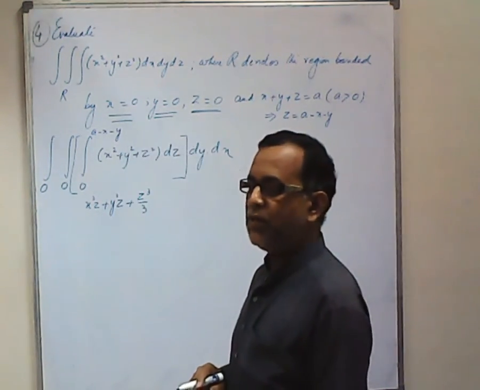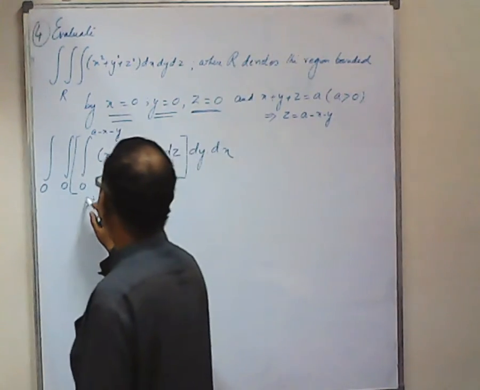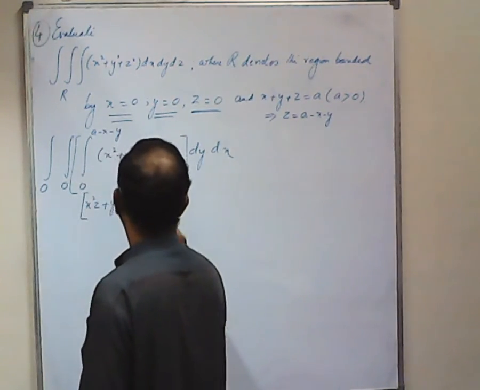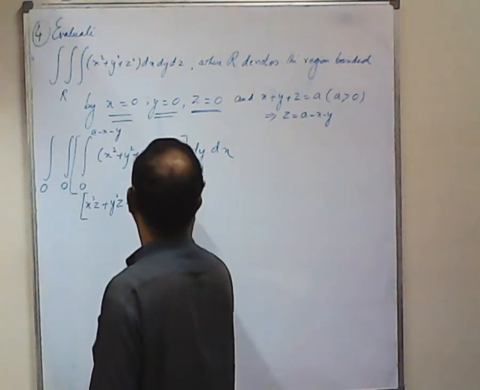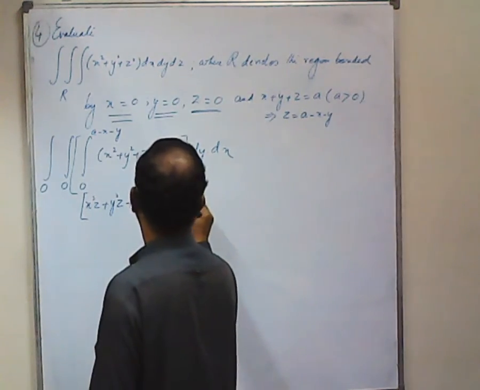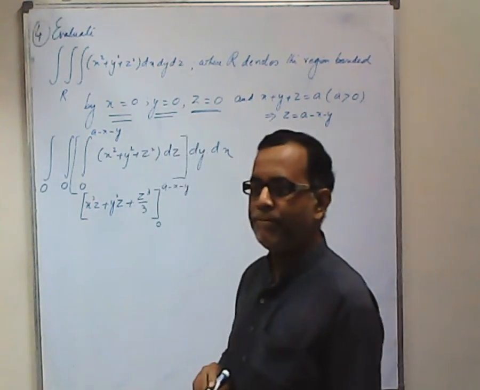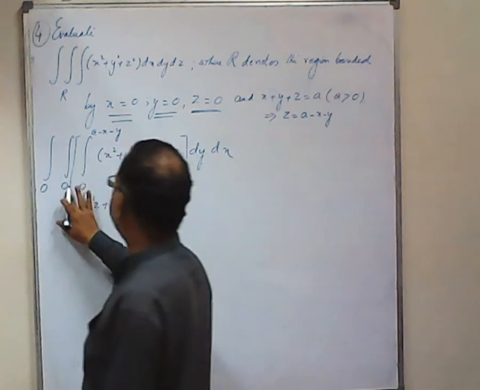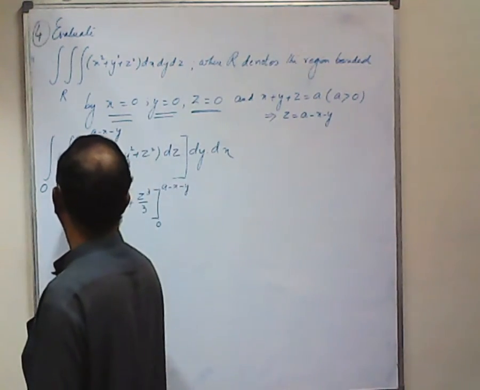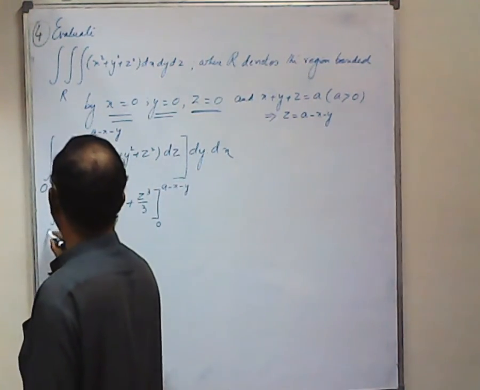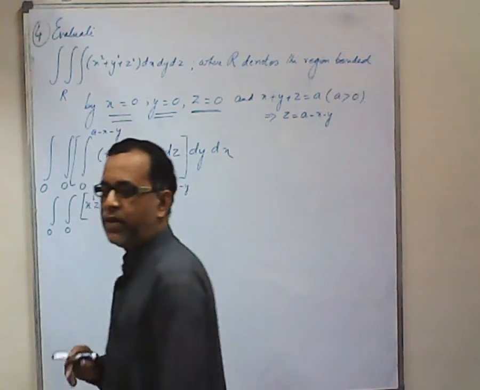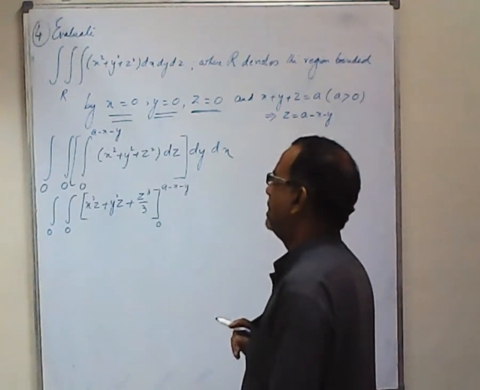This is the answer of the integration, and then we need to substitute the limits. Limits are 0 and a minus x minus y. And then we will write the other integrals as well. These 2 integrals are left. I will write the other limits later.